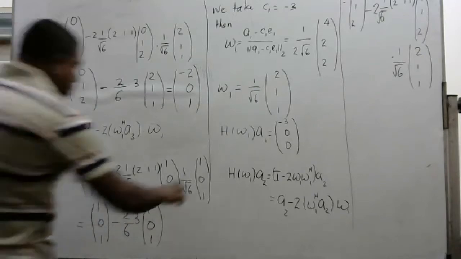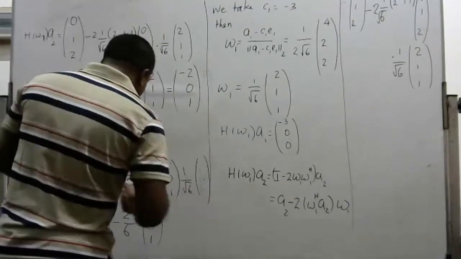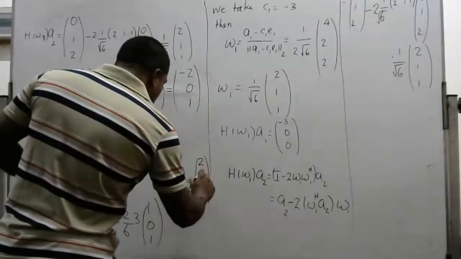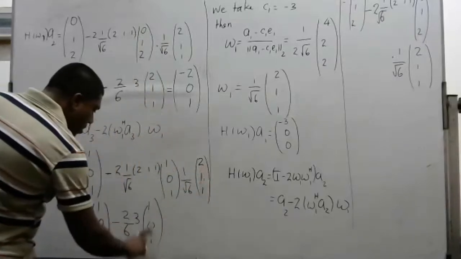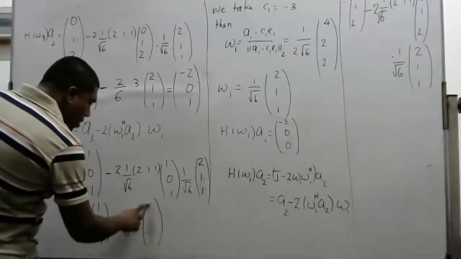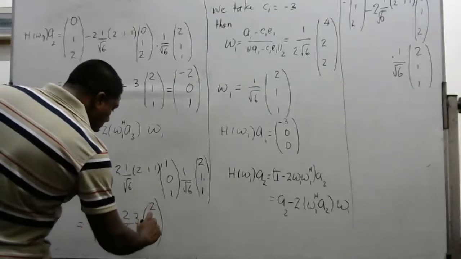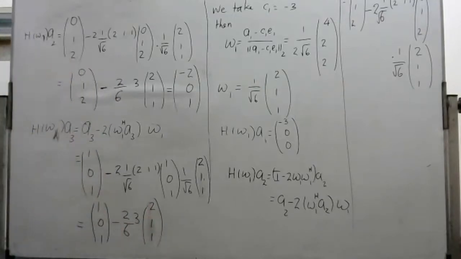Sorry, this is 2, 1, 1, A3 omega. So that is 6 over 6, so 1.